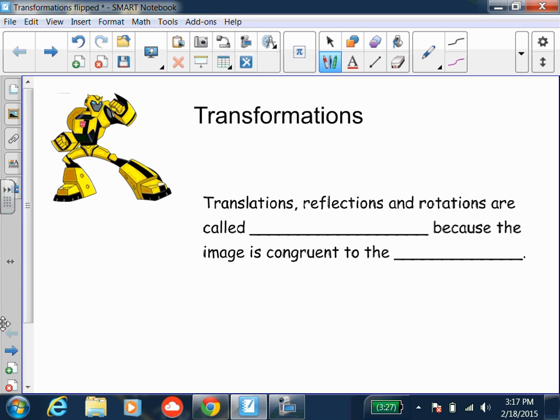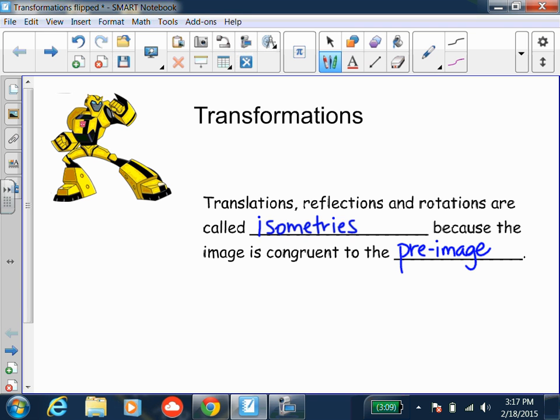So the first thing is translations, reflections, and rotations are called isometries, because the image is congruent to the pre-image.